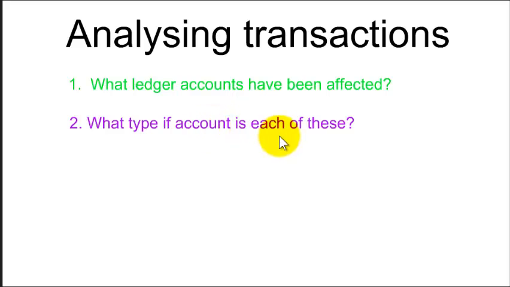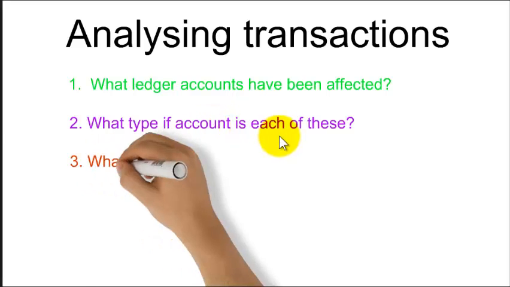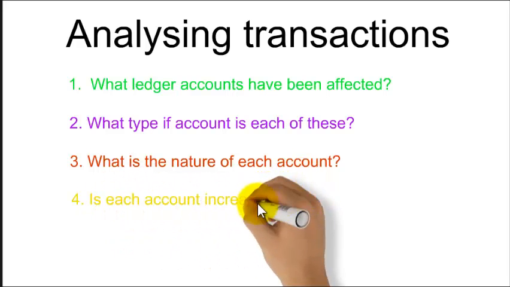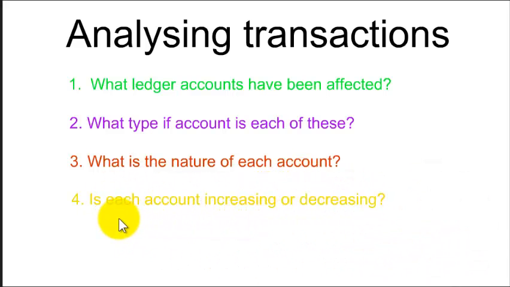So we need to know what type of account it is, which then determines, by knowing what nature of the account it is, in the fourth step, whether we're going to have a debit and credit. So just to slow down a bit, number 3, the nature of the account. For example, we know that an asset is a debit in nature, so if it increases, it goes on the debit side.